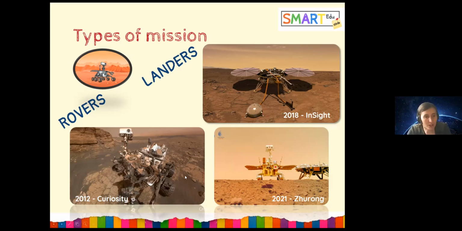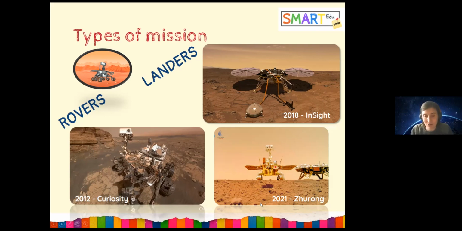Yesterday, we saw this image of Curiosity, okay? Curiosity landed on Mars in 2012. And yesterday, we mentioned a Chinese mission. This is very recent. China landed their rover Zhurong last April.